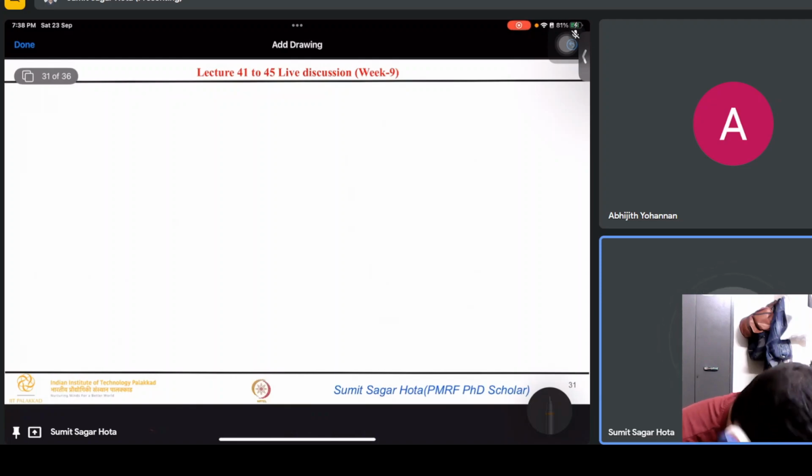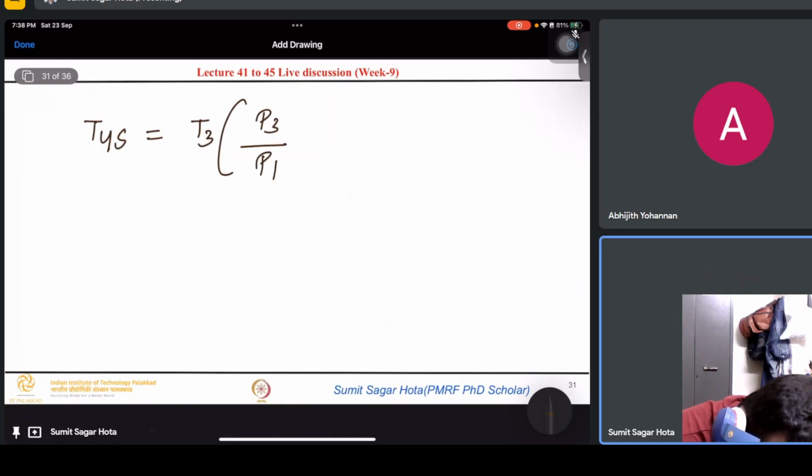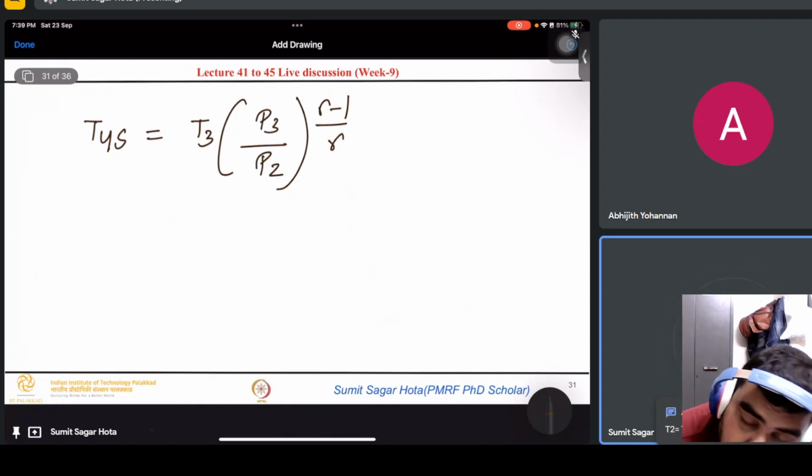Now in the next stage we have to go to T4, T4s. So what is T4s? Same formula: T3 into (P3 by P2) to the power gamma minus 1 by gamma.